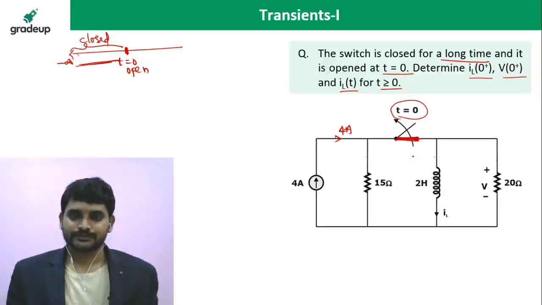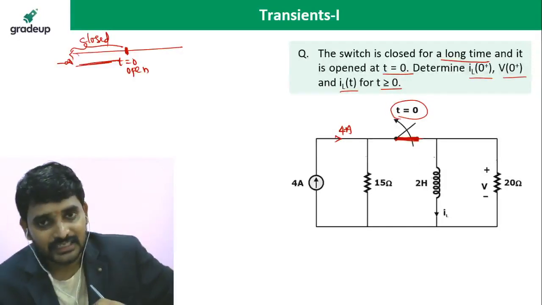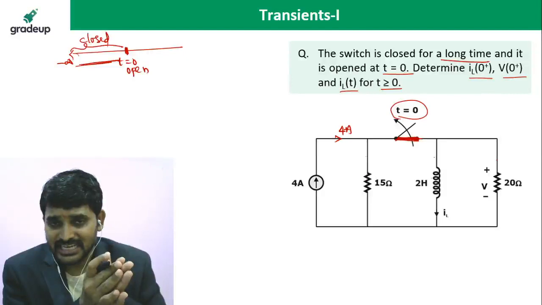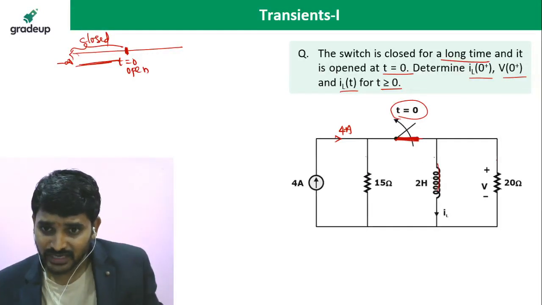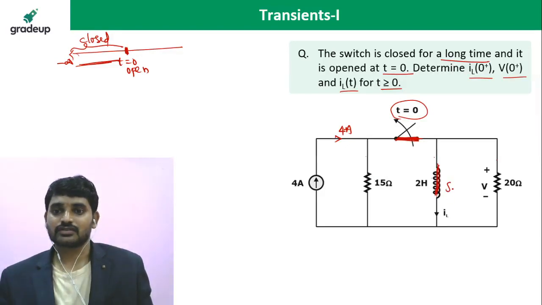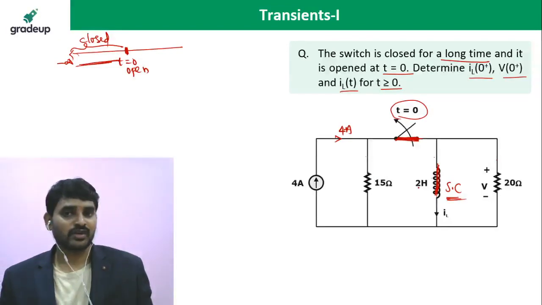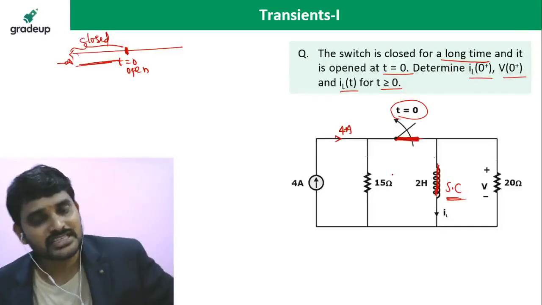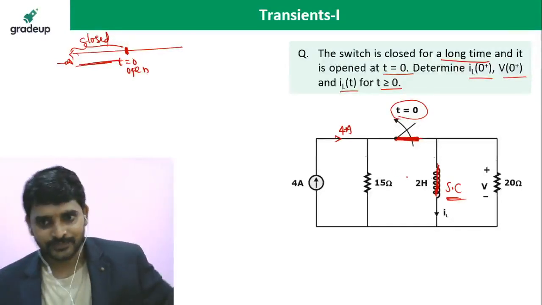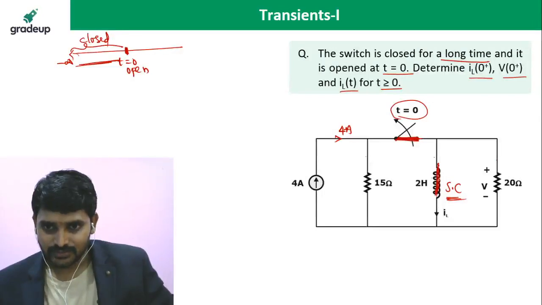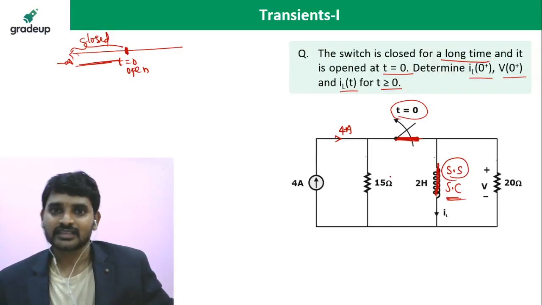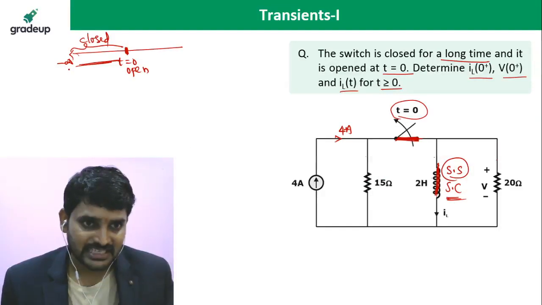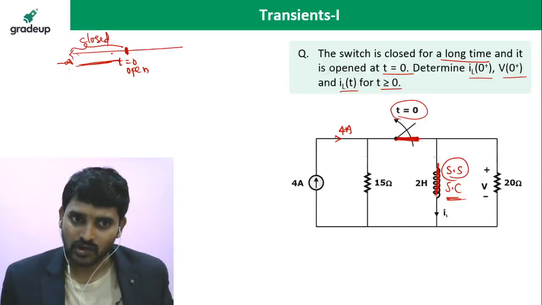But as the source is connected for a long time, the inductor is going to behave like a short circuit. I'll tell you the story about this short circuit tomorrow in the frog kick test. For the time being, understand that steady state is nothing but a long time, from minus infinity to 0 seconds.